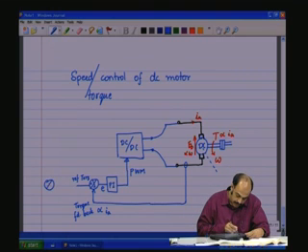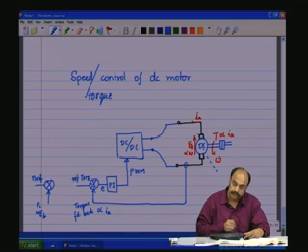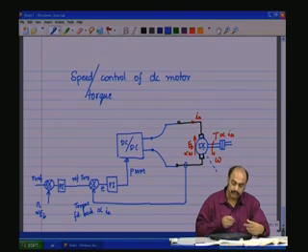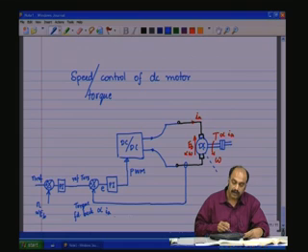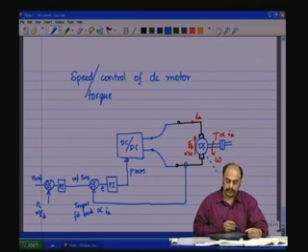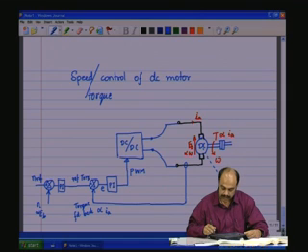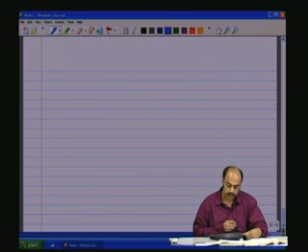And if you have a speed reference, let's say N ref, and the speed feedback, which is proportional to EB, which can be measured, again you compare, and the error is passed through another PI control, and that output of the PI control becomes the torque reference, and now that becomes a speed control of the motor. So you have the inner torque control loop, which is faster, and the outer speed control loop, which is slightly slower. Okay. This would be an interesting BE or undergraduate project.